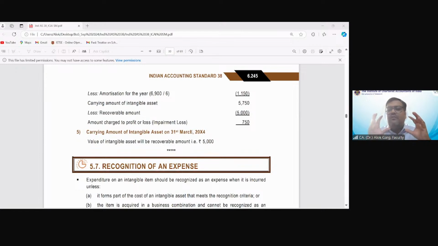So first of all, what is an intangible asset? You will use the intangible asset for future economic benefit, in your production processes.